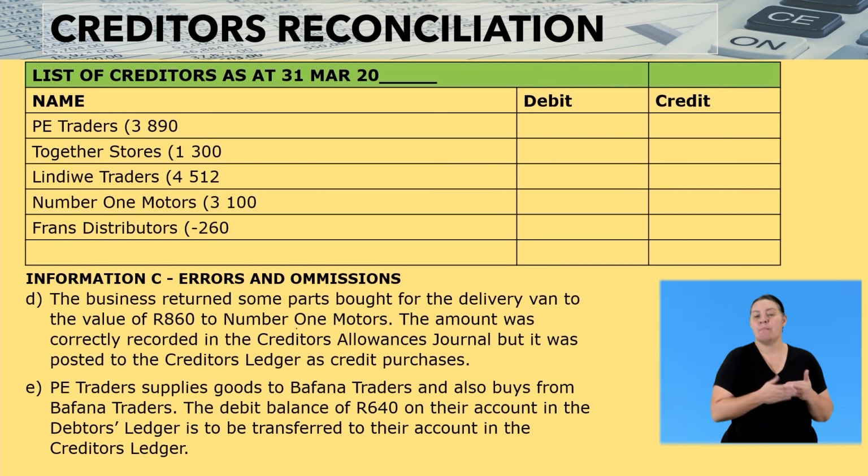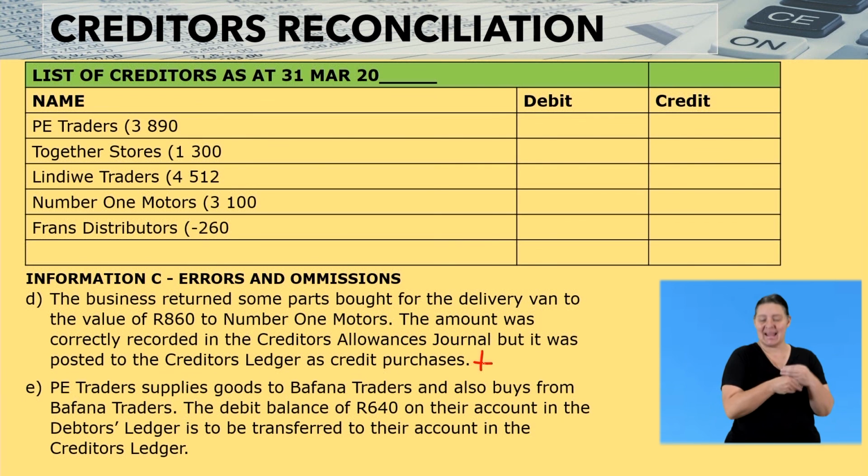Let's go for more information. The business returned some parts bought for the delivery van to the value of 860 to number 1 Motors. The amount was correctly recorded to the creditors allowances journal, but it was posted to the creditors ledger as credit purchases. So when we come to number 1 Motors, these are goods returned, but they were recorded as purchases.